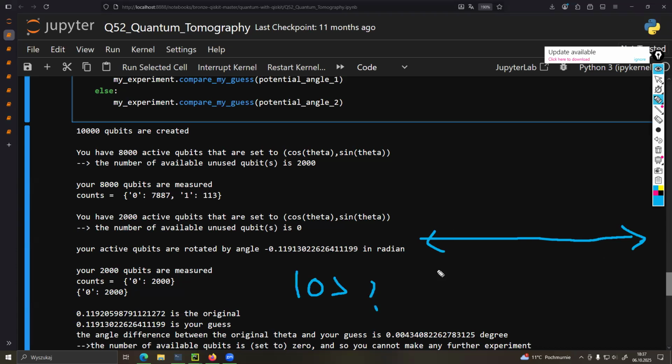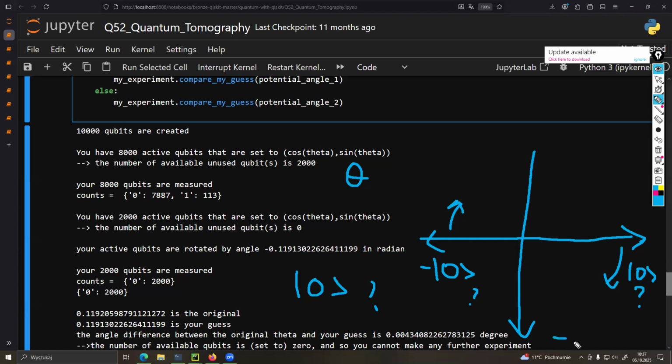Where am I actually? Am I here or am I here? Well, if I rotate by a set angle, let's say by phi, when I rotate here and I rotate here, guess what?